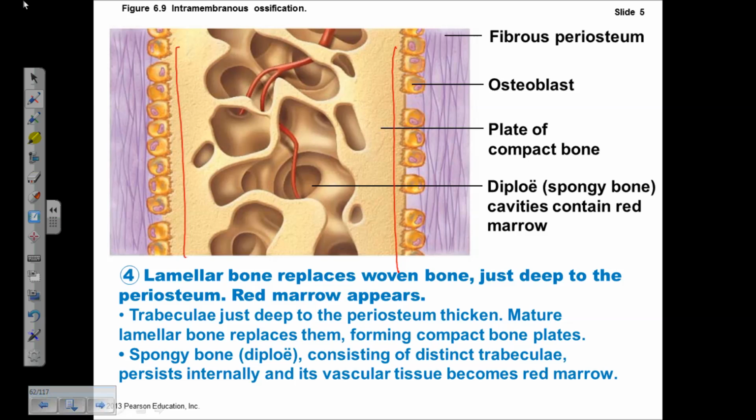So you will get a layer of lamellar or compact bone on the outside of the former membrane. Make sense? Lamellar bone. And inside and between those pieces of bread, you will have your burger. Trabeculae of the spongy bone. Blood vessels will turn into the red bone marrow.